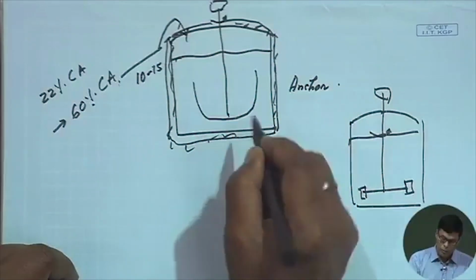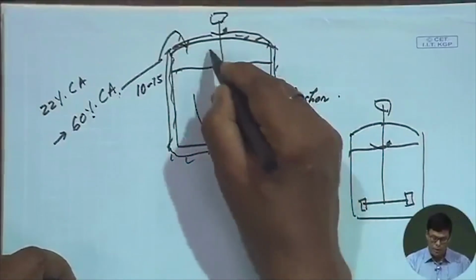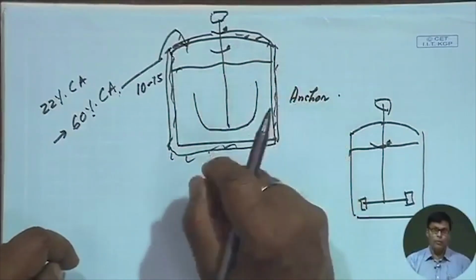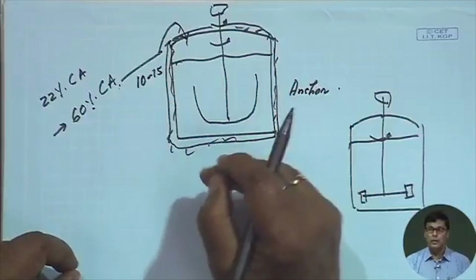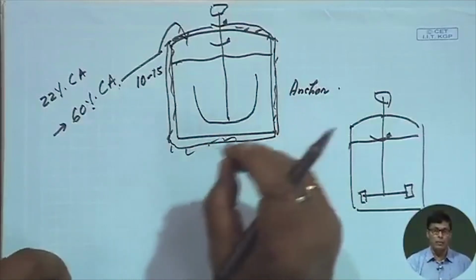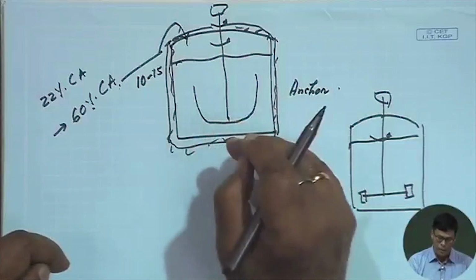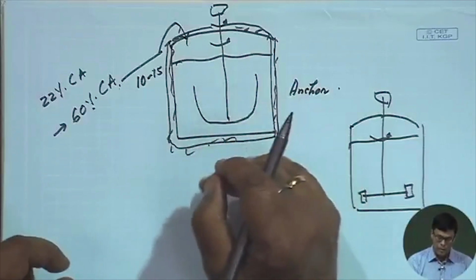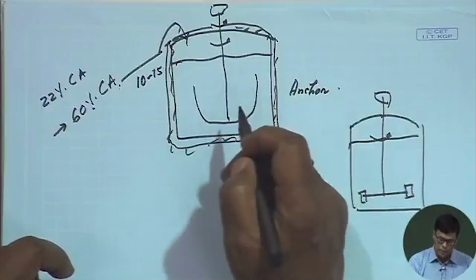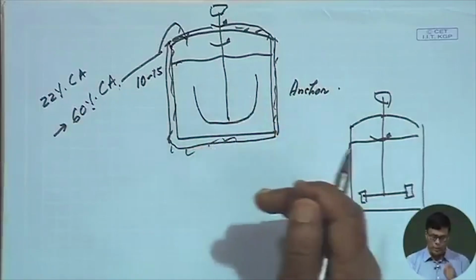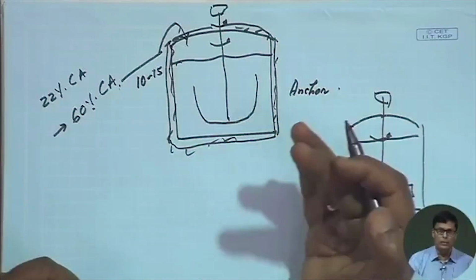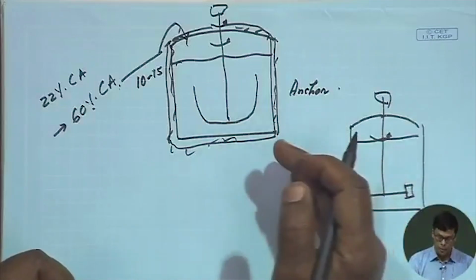So we put it in and move the agitator, and with respect to time, crystal formation will take place inside. When maximum crystal formation has taken place, we take the material out and pass it through the centrifugation process.